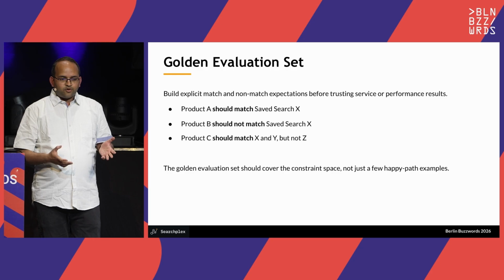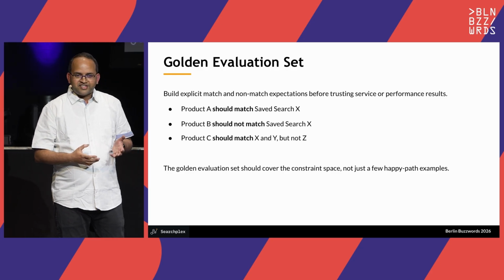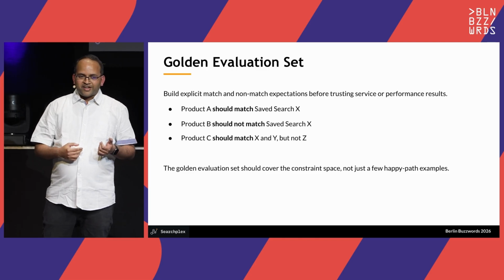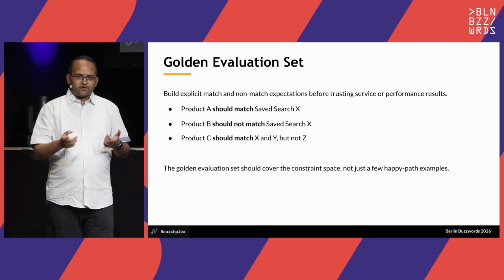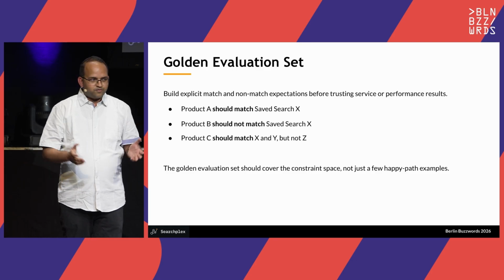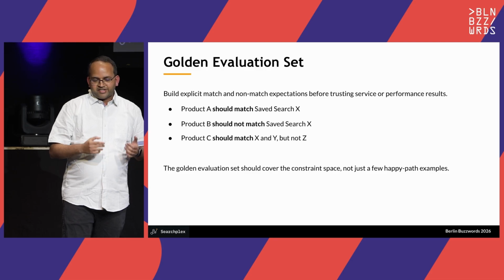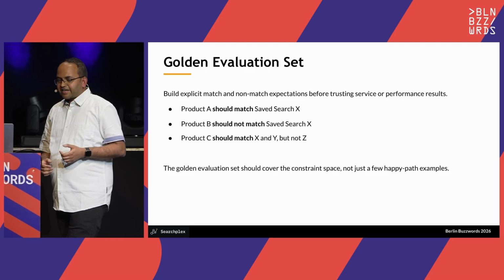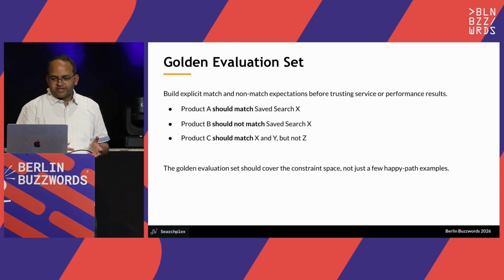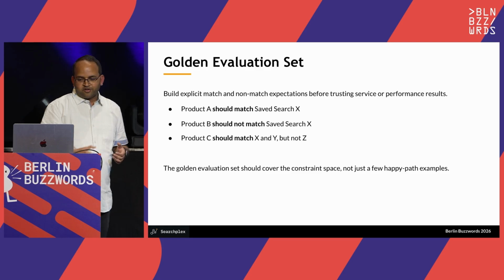The generation of this golden evaluation set is itself an interesting task, because you can actually use the search engine where you have forward search set up already to come up with all types of permutations and combinations of filters and create this data set. But it has to be exhaustive, and it has to be a confidence-inducing set, because all your work is going to depend on this.